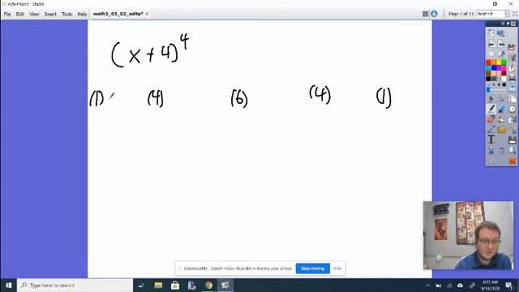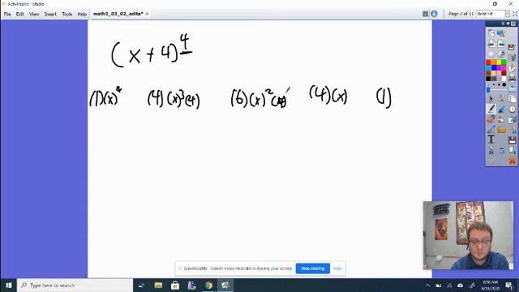Counting down with x's, I'm going to start at the fourth. x cubed, x squared, x to the 1, which is just x, and then x to the 0, which is just 1, so I don't need it. Counting up with the 4s, start with 0, so nothing. 4 to the 1, which is just 4. 4 squared, 4 to the third, and 4 to the fourth, adding.